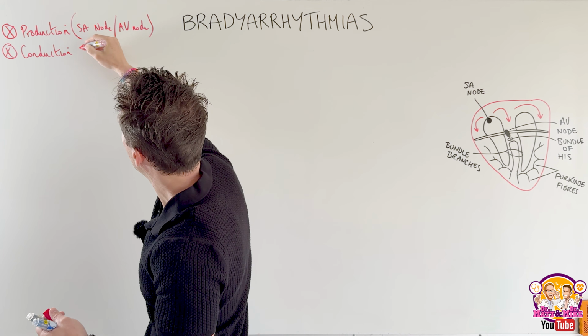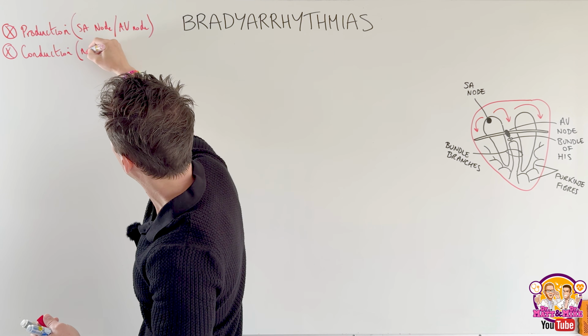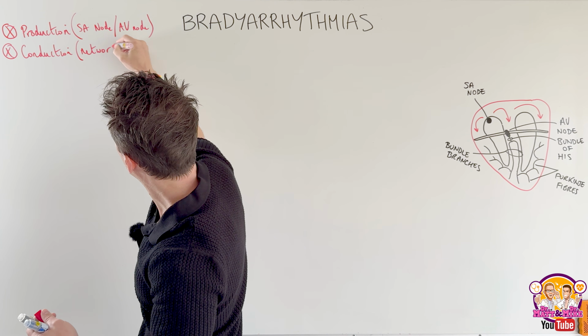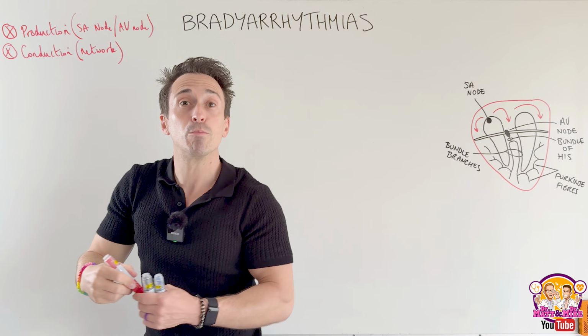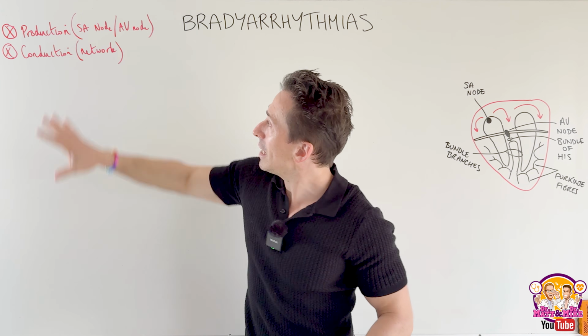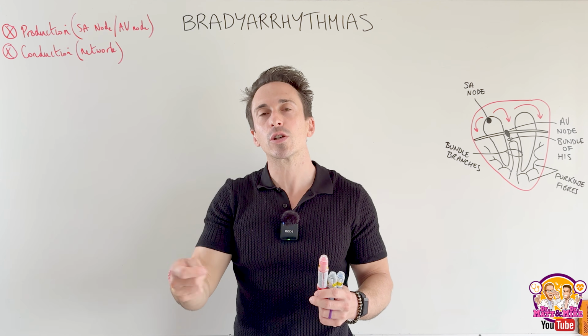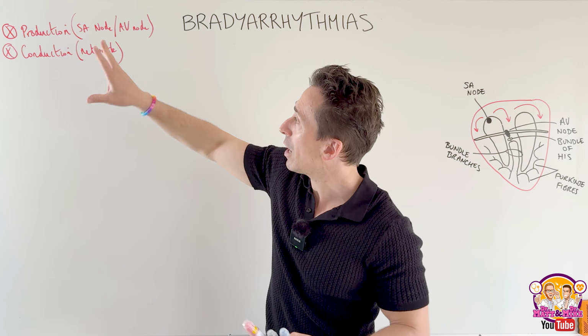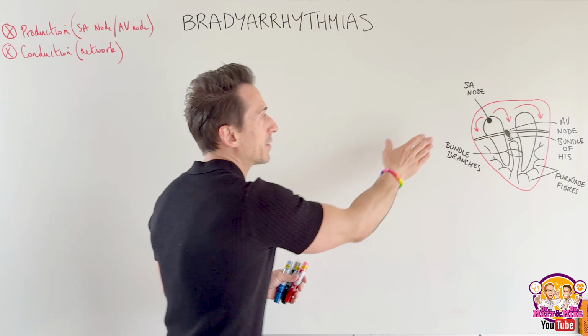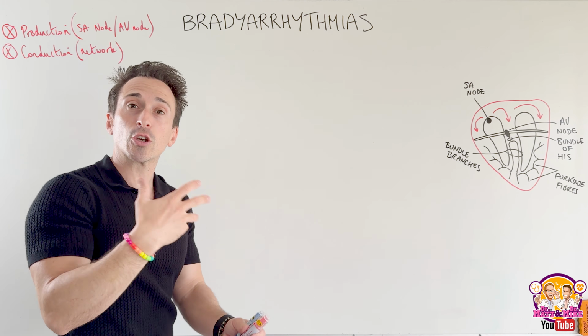Talk about that in a sec. And the conduction is the rest of the conduction network. So maybe it's getting blocked, for example. So any issues here can lead to a bradyarrhythmia, an abnormally slow heart rate. And so this is how we're going to divide it. We're going to start by looking at the SA node and issues that can occur here.